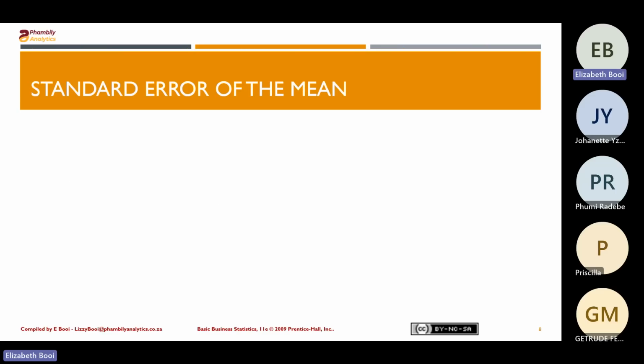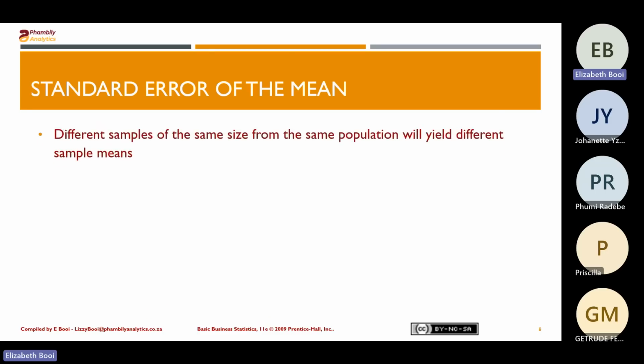So we spoke about the standard deviation of the sampling distribution. Another word for it is the standard error. A standard error is a measure that is collected from different samples of the same population, and when we calculate the standard deviation of those, it yields a different measure.